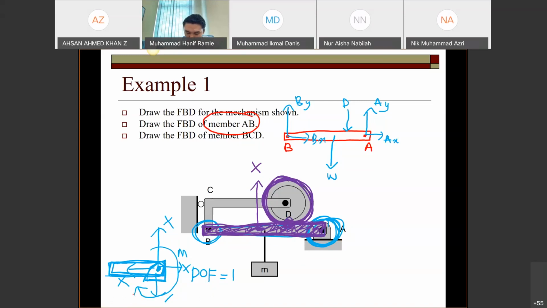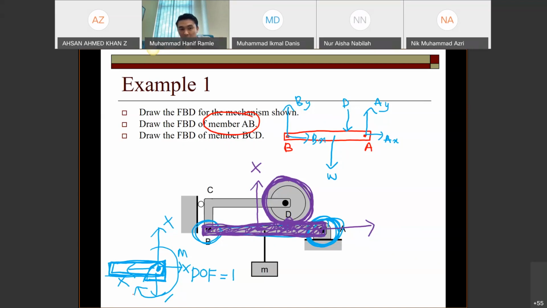If I move the AB member to the right side, can it be moved or not? My question, can it be moved or not? No. To the right. Sorry? No. Why no? Why cannot?